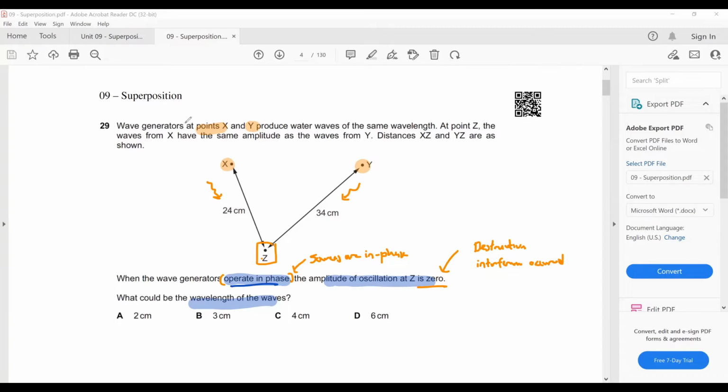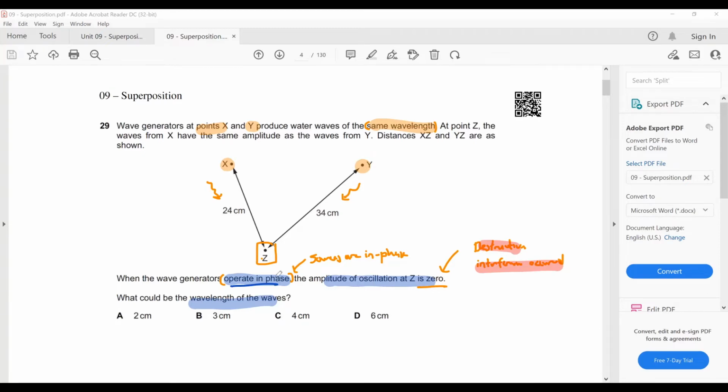They mentioned to you earlier also that they have the same wavelength, right? Waves from X and Y have the same wavelength. So if they meet at Z and you get a 0 amplitude, this one already tells you that destructive interference occurred.